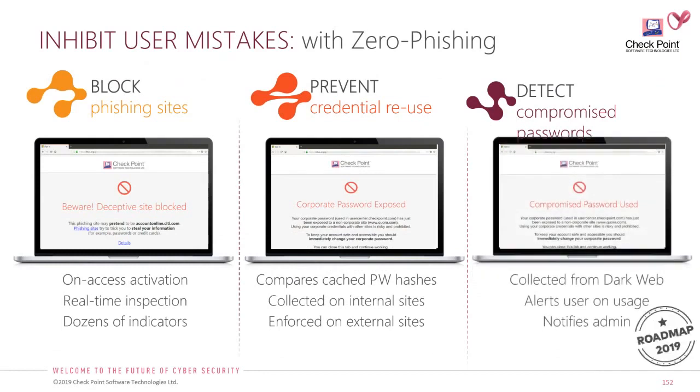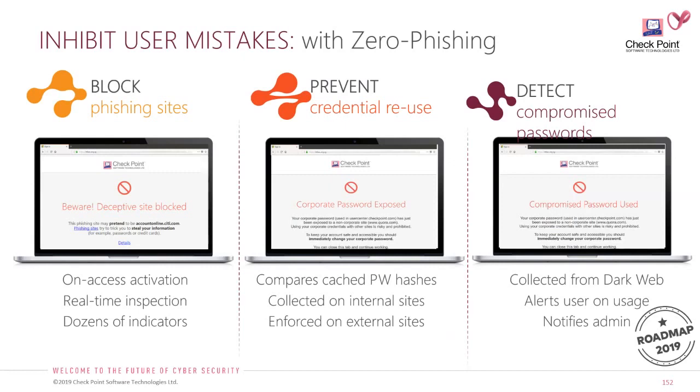With the zero phishing capability, we have the capability to block deceptive sites. For example, the user may receive a link, a spear phishing mail or something. When they click the URL, it will ask for credentials. For example, they will receive a fake spoofed or phishing mail about resetting the Office 365 password.